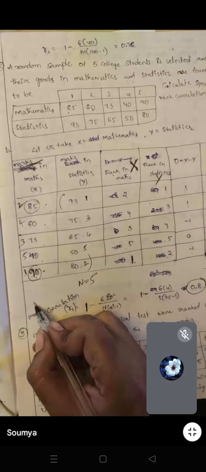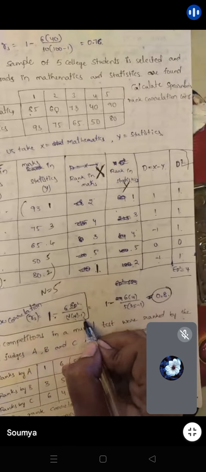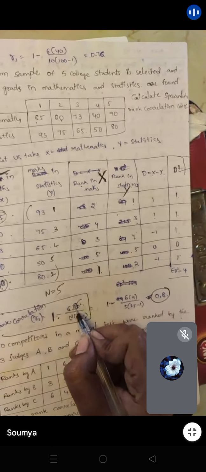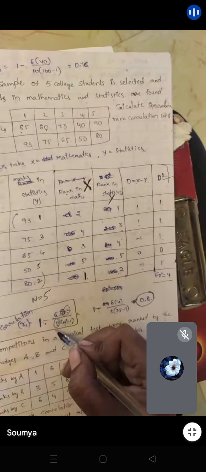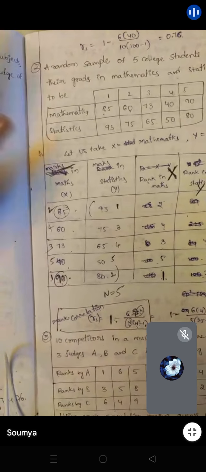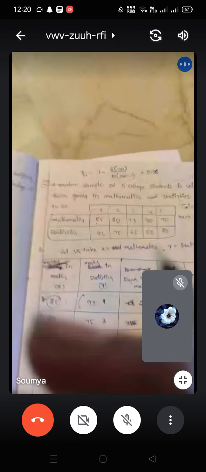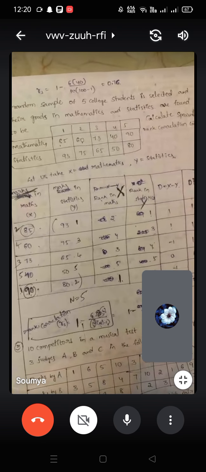Rank correlation: this is the formula, 1 minus 6 summation d square by n into n square minus 1. d is nothing but the difference of ranks. n is nothing but the number of observations. Is it clear? There is not much explanation about this. You have to consider it like this. Is it clear? Yes, ma'am.